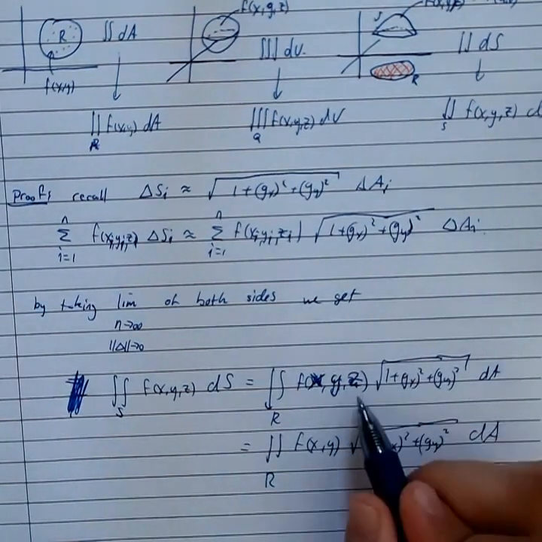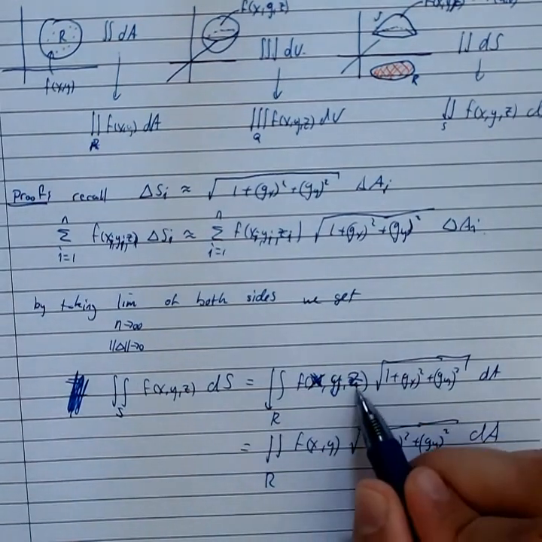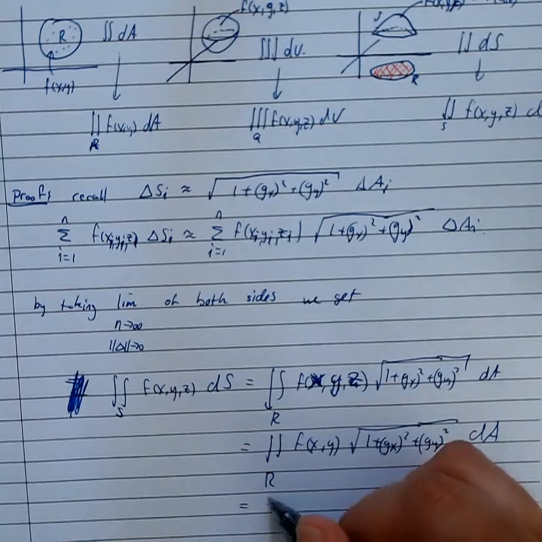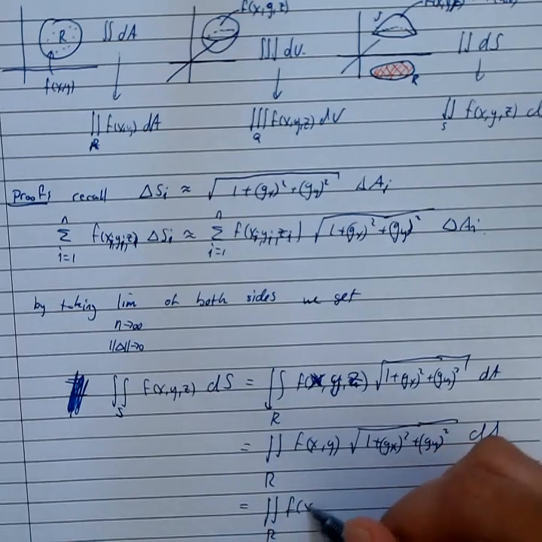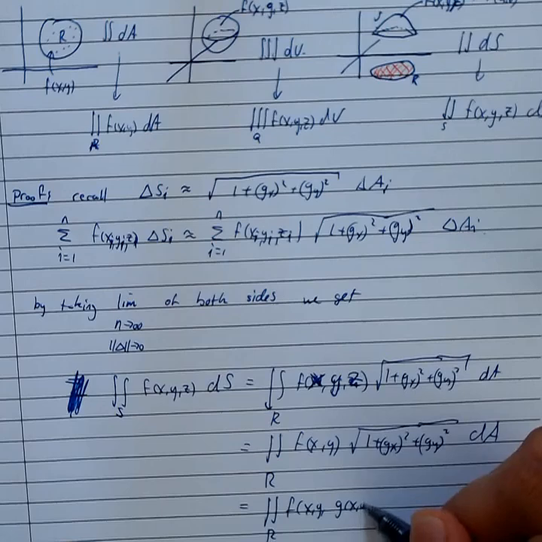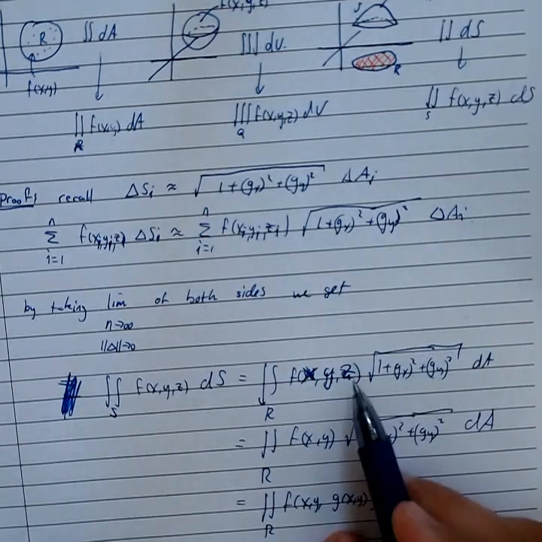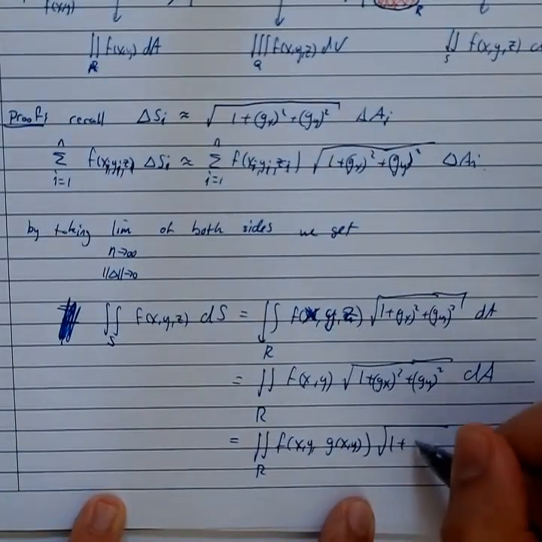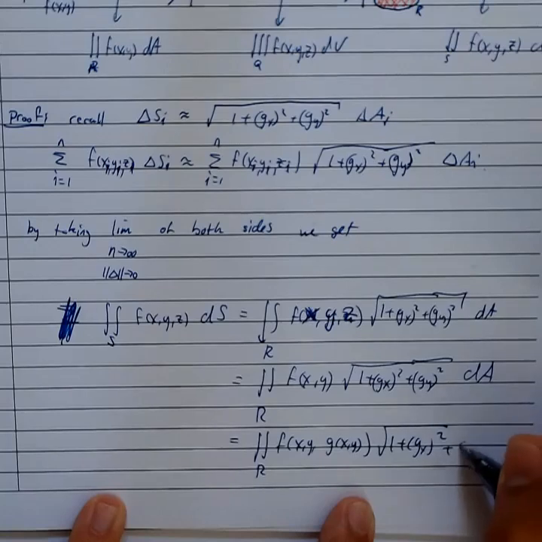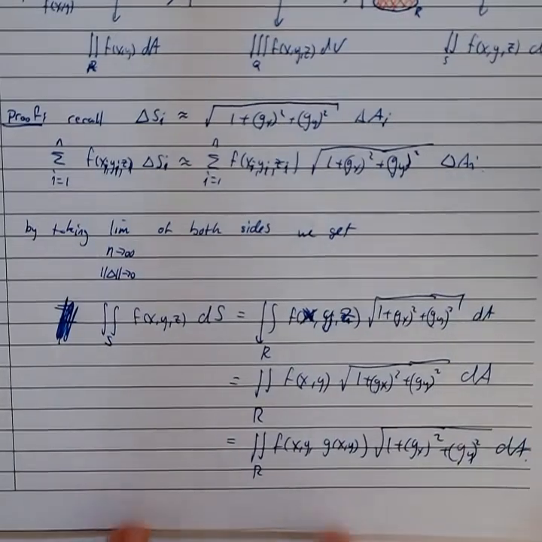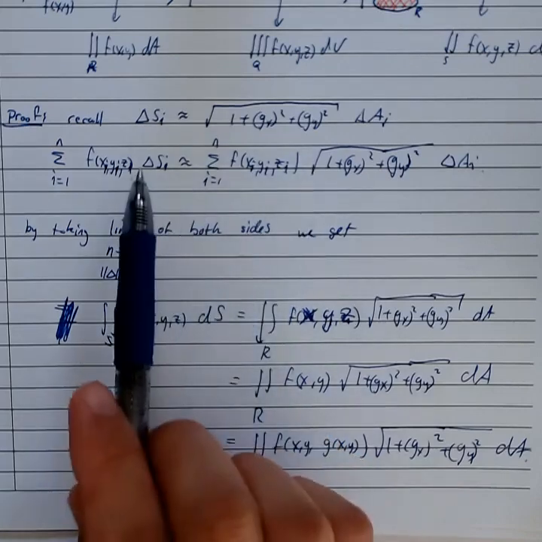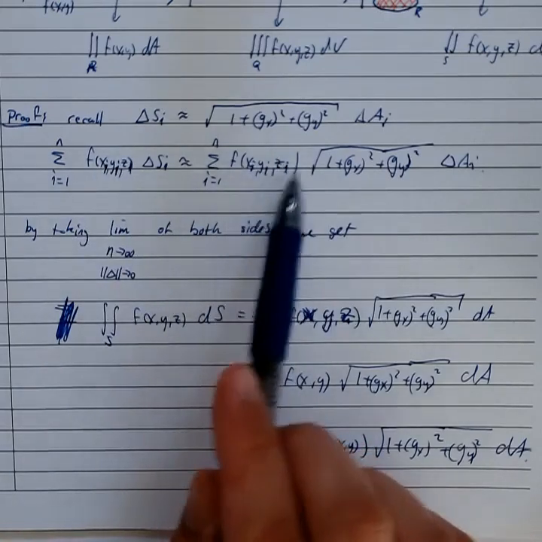Here, this Z is also a function of X and Y. If you want to be a little more explicit about it, you can even write it as the double integral over R of F of X comma Y comma G of X comma Y, since Z is that specific function of X and Y, times the square root of 1 plus G sub X squared plus G sub Y squared dA. And that's it. Last time we worked very hard to prove that this approximates that. And now we just said, by the way, if we throw that extra thing in there, it doesn't really bother us.